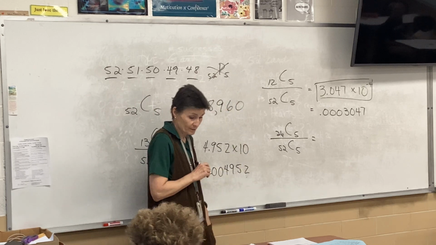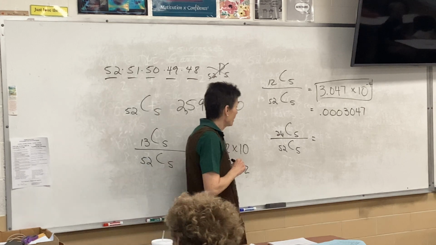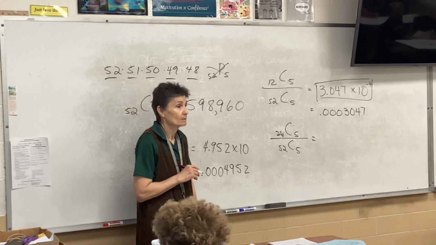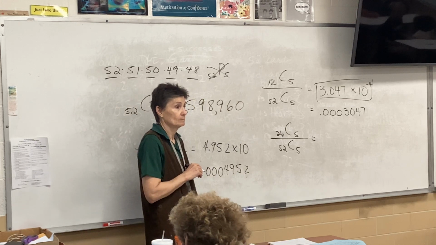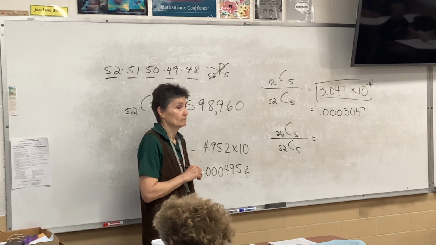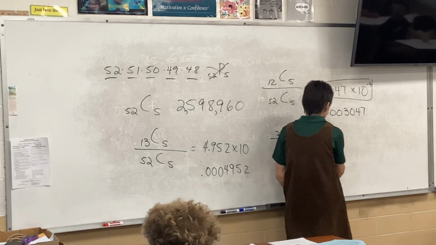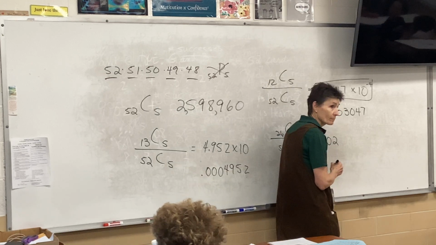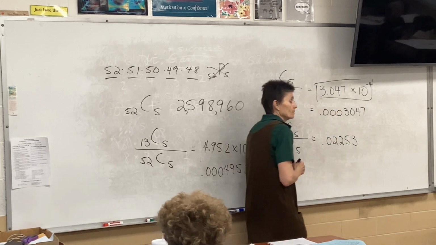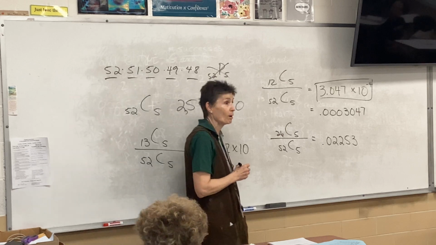What did you get when you did 26C5 over 52C5?